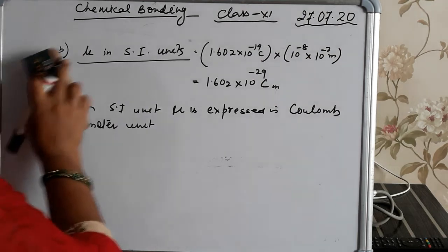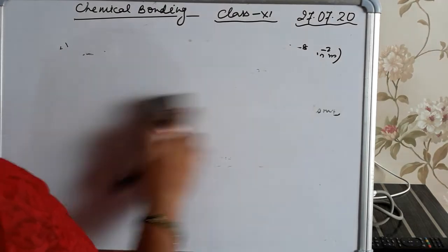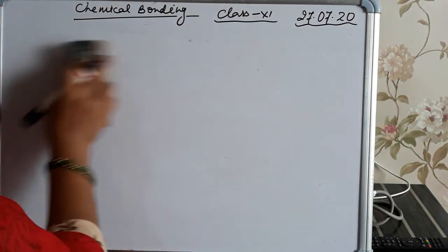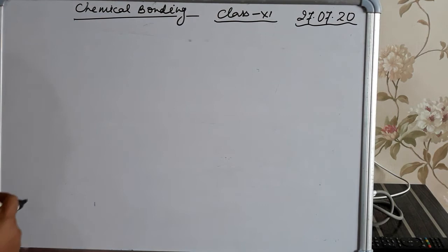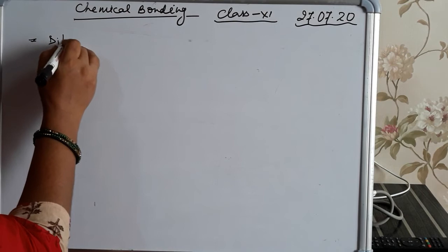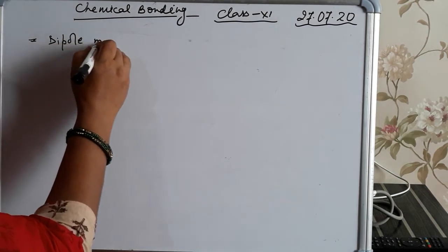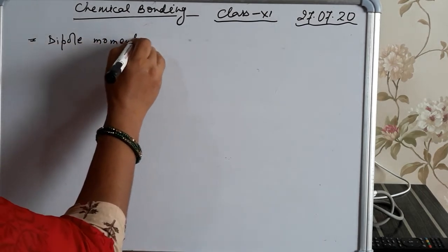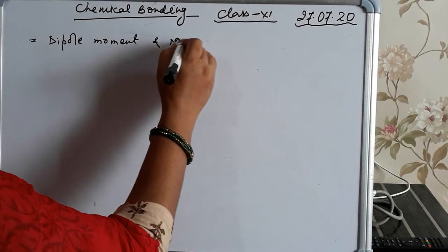How can we calculate the dipole moment in different units? Let's discuss the different types of molecules. Dipole moment and molecular structure.